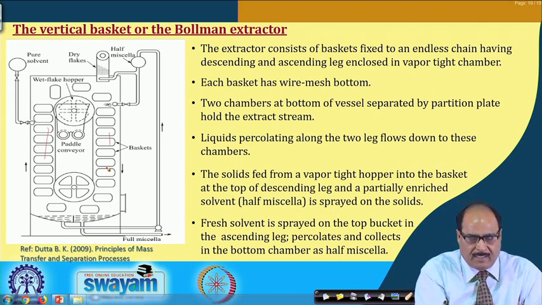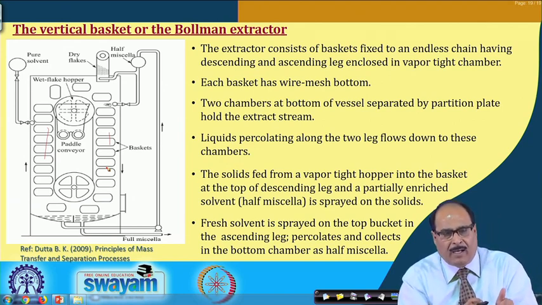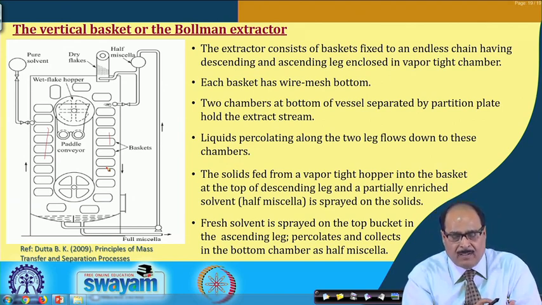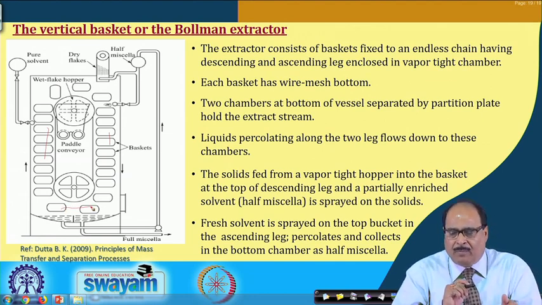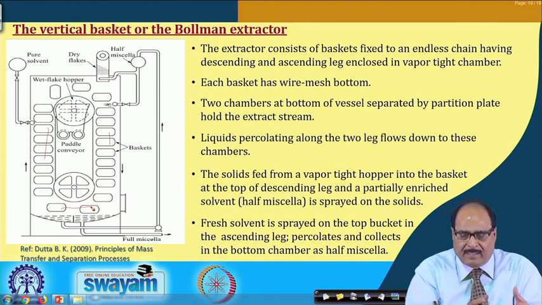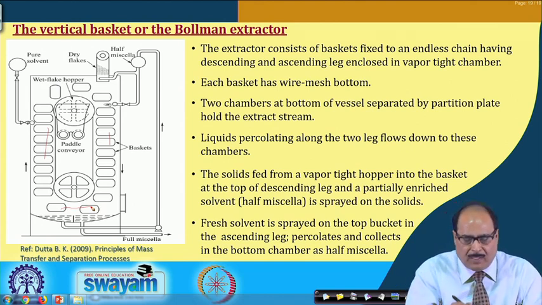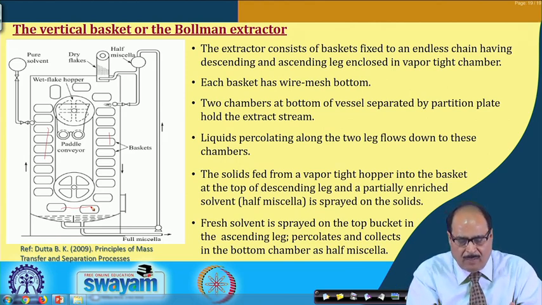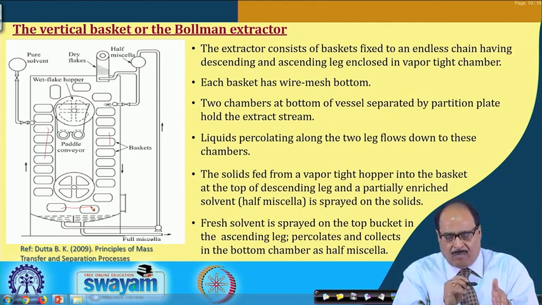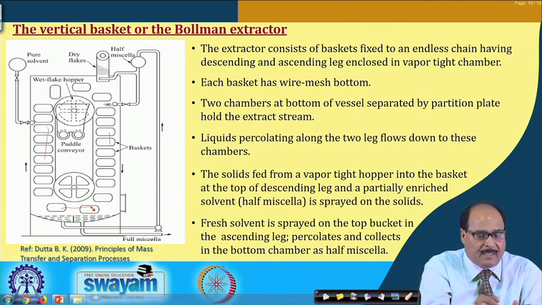Each basket is provided with wire mesh bottom. Two chambers at the bottom of the vessel are separated by a partition plate to hold the extract stream. Liquid percolates along the two legs and flows down to these chambers, and the solids are fed from the vapor tight hopper into the basket at the top.